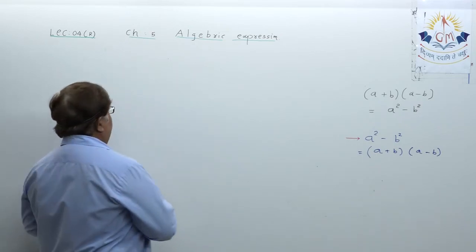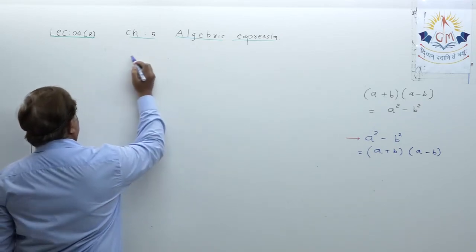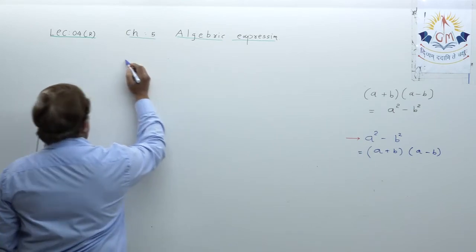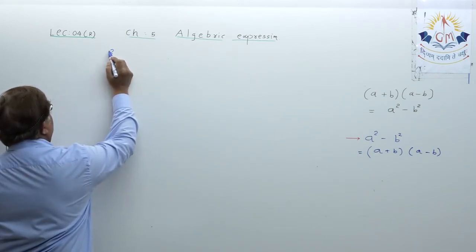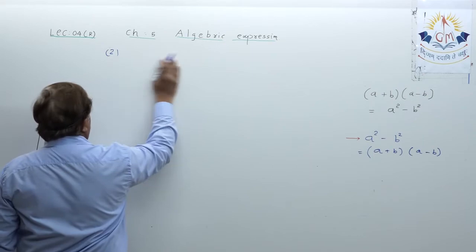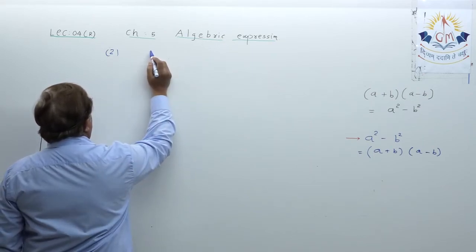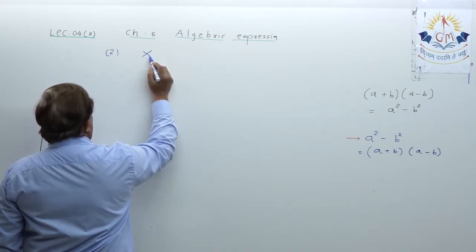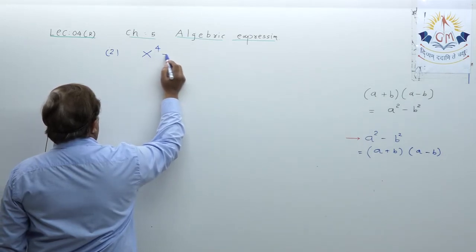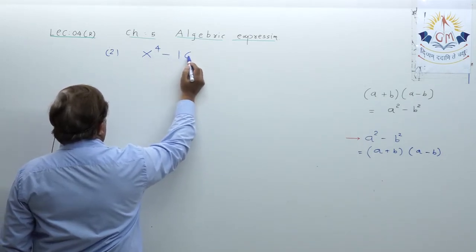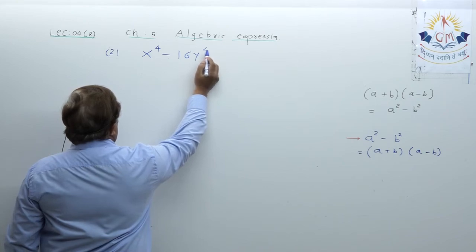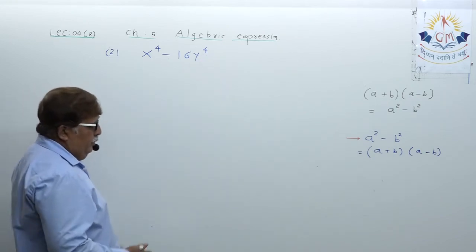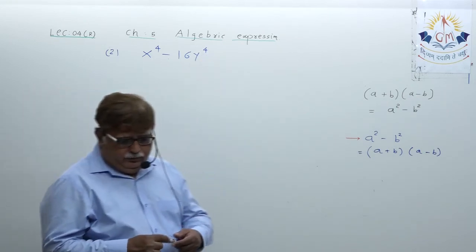So I am writing it now here. Example number 2. This is like this: x raised to 4 minus 16y raised to 4.